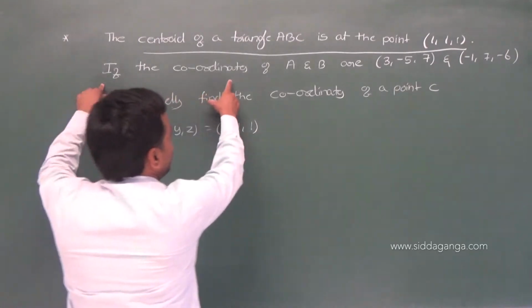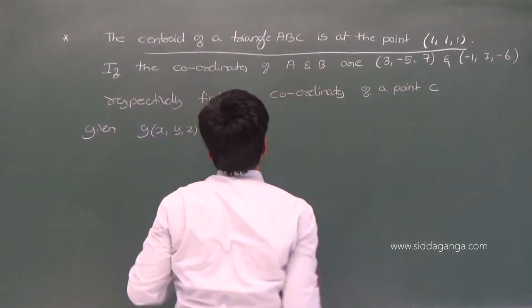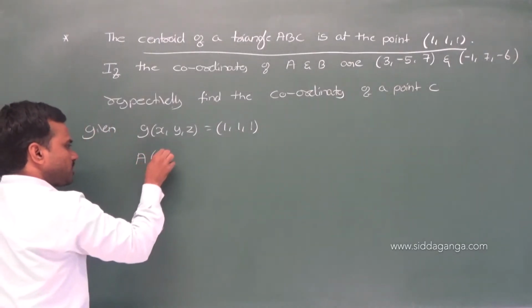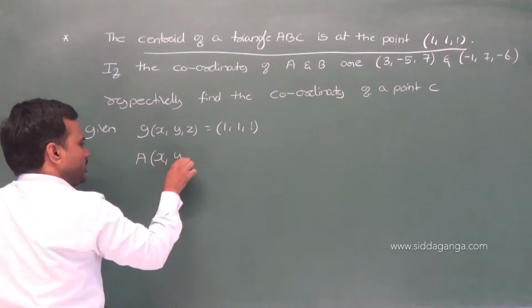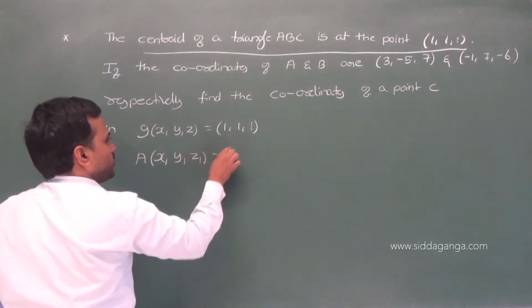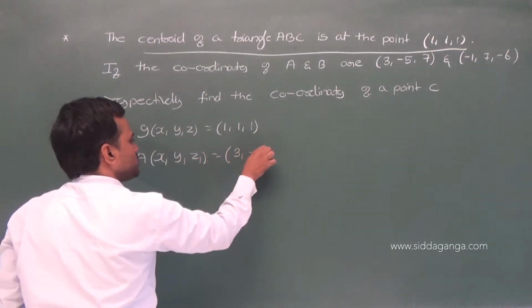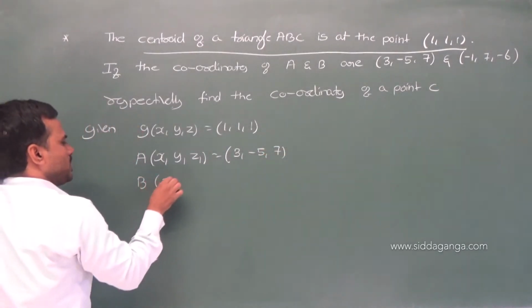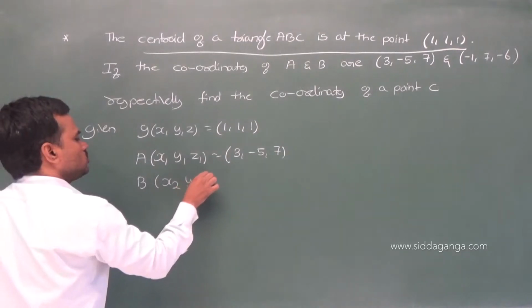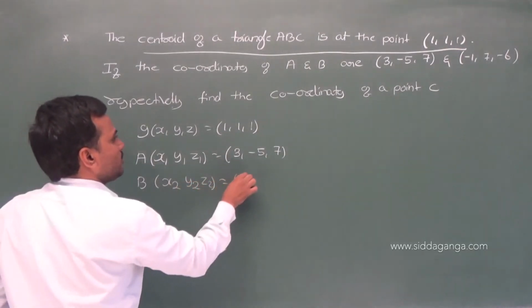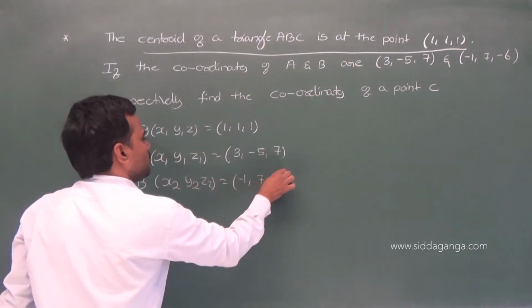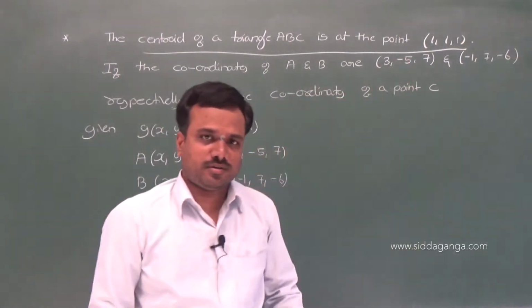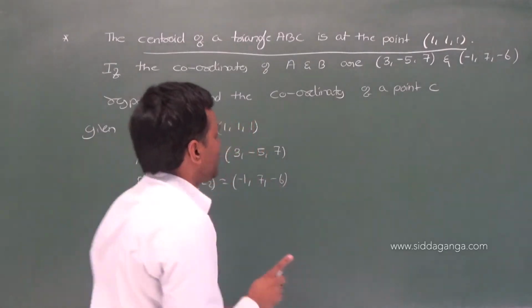That means G of x, y, z is 1, 1, 1. He has also given the coordinates of A of x1, y1, z1, that is 3, -5, 7, and B of x2, y2, z2, it is -1, 7, -6. Then what does he ask?